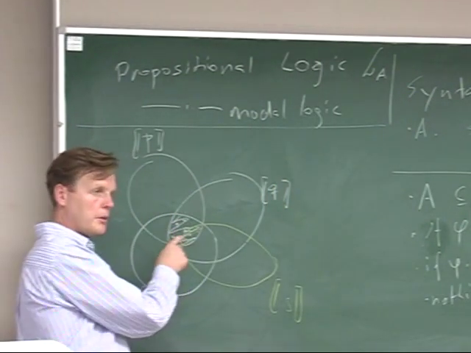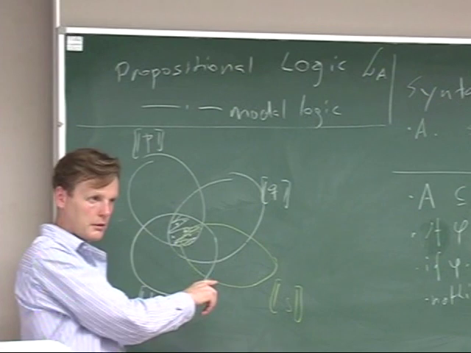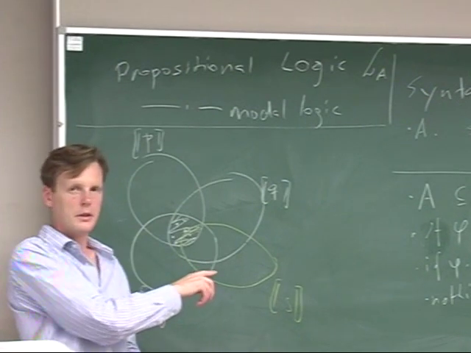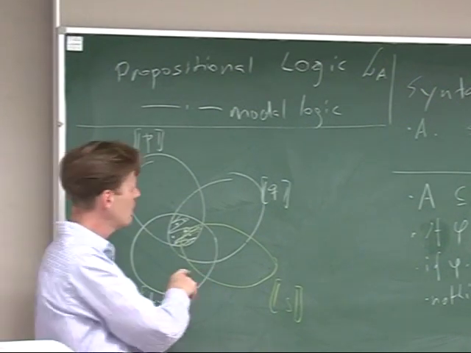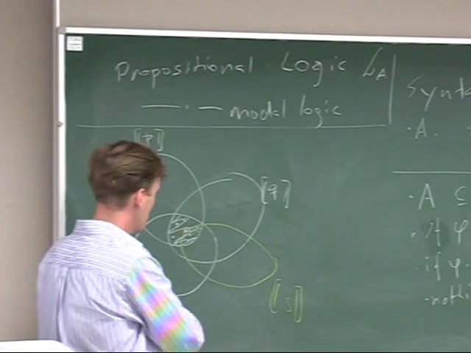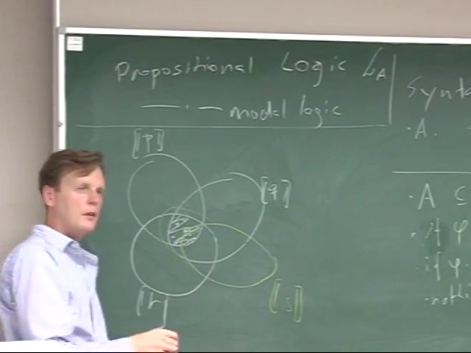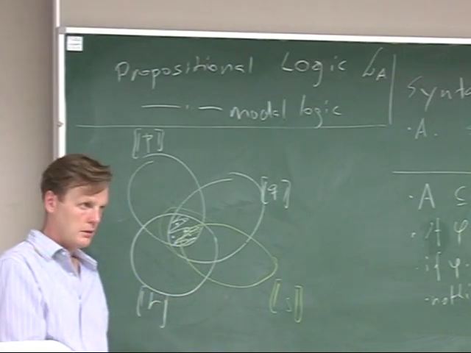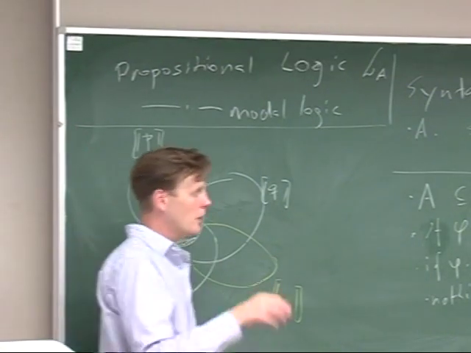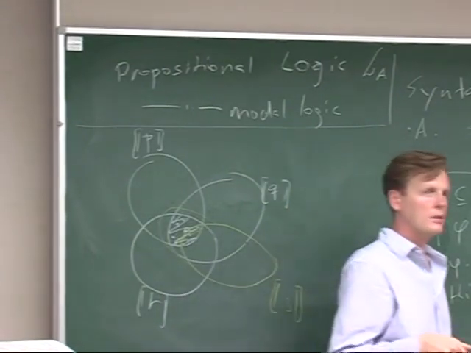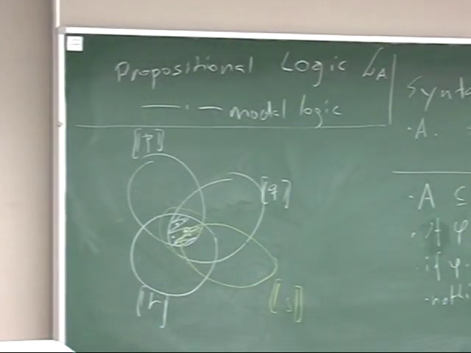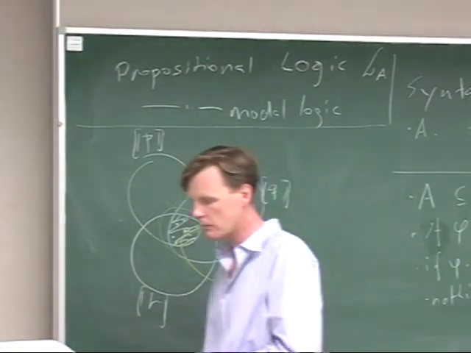There are some worlds in which the 3 are true and S is not, so it doesn't follow from the 3. Right? But if S were to go all the way here, like this, then it would be a consequence. So consequence corresponds to the subset relation, and consistency has to do with non-empty intersection. Those are the two things that we need to keep in mind.